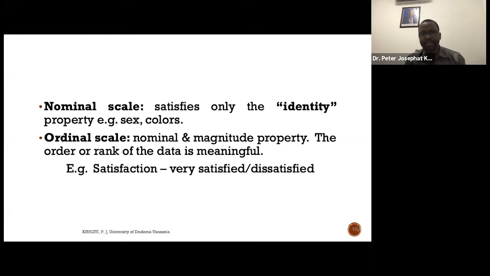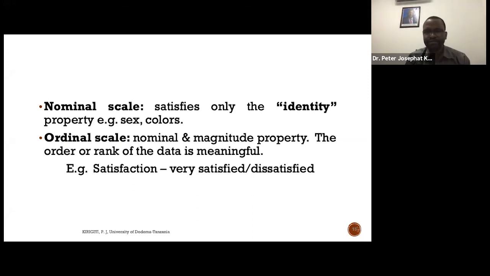Now somebody can ask, is there any order under sex? Probably no. What about colors: red, blue, light blue, green? Is there any order? Probably no. But red is quite different from green, and green is quite different from white. So we have a unique meaning. That one is a nominal scale.